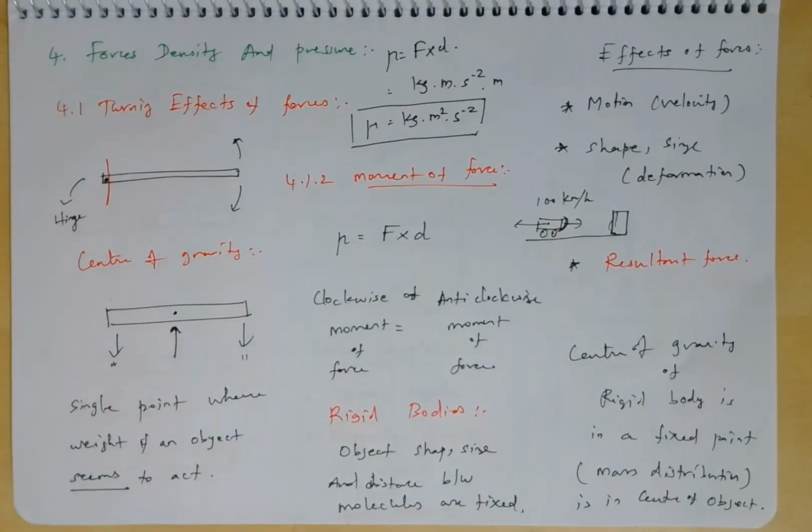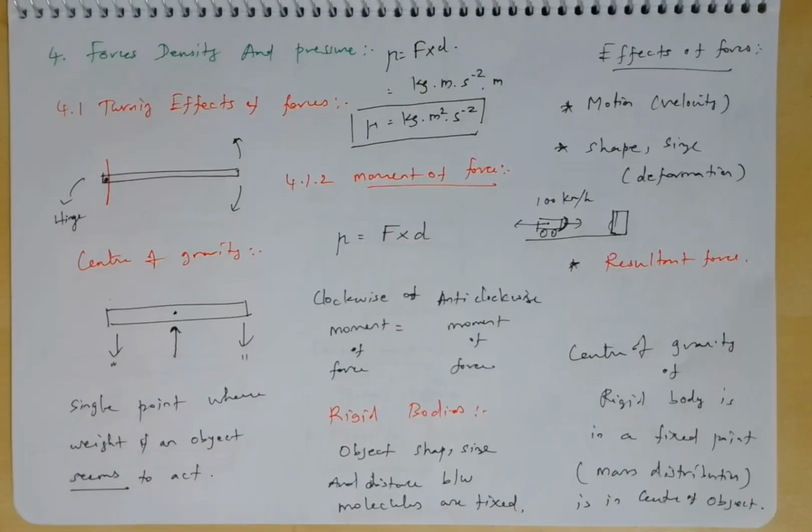Take half mv square. Half doesn't have a unit.